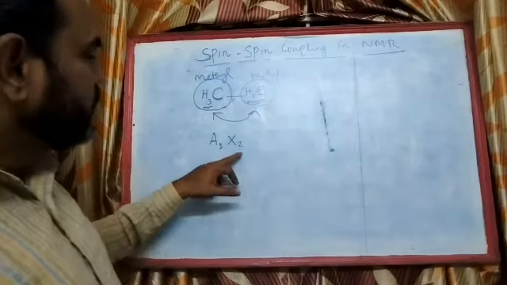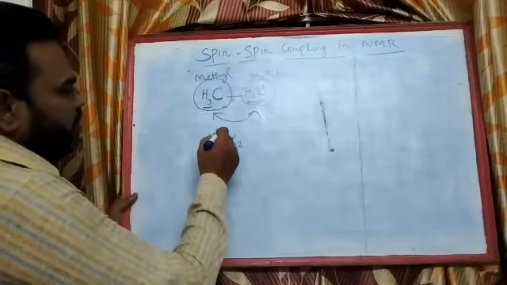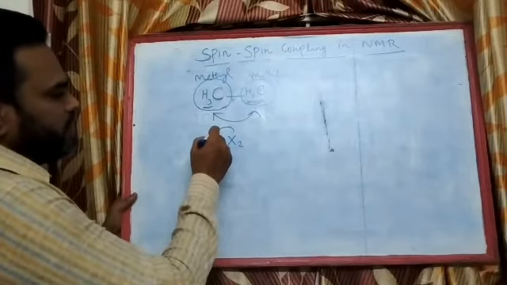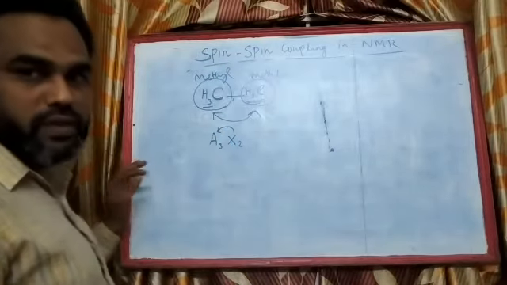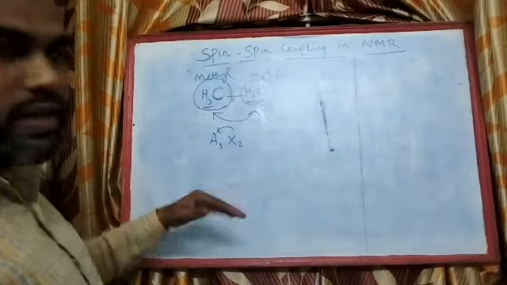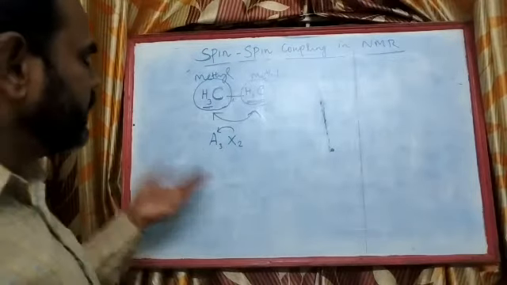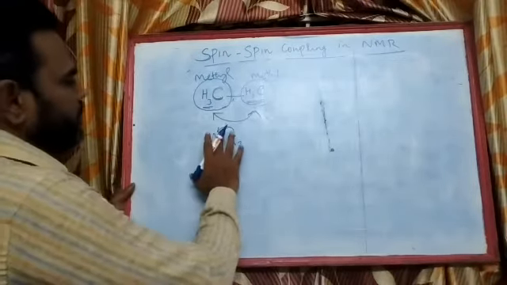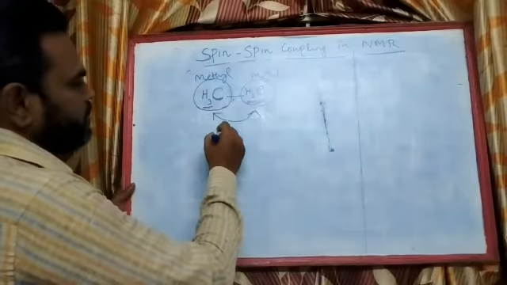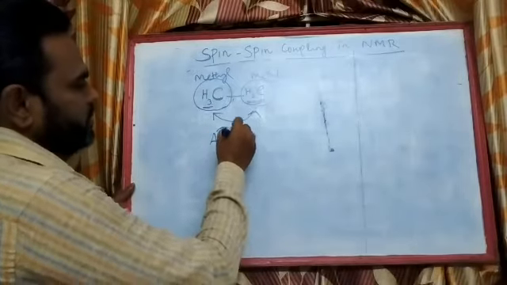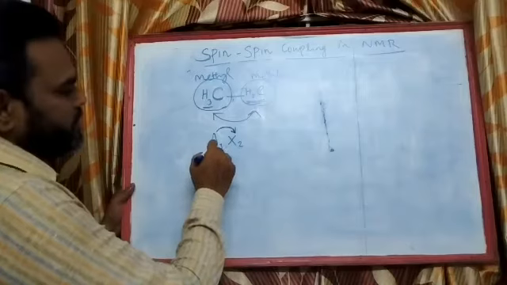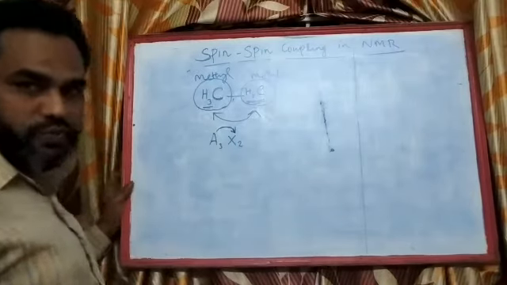So, clear? Now let us see the influence of X2 on A3. You can consider either A3 on X2 or X2 on A3. Let me consider this one first, which will be very easy for you. So let us consider the influence of A3 on X2.